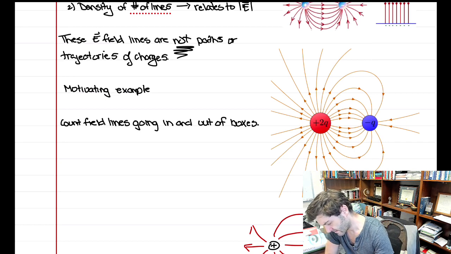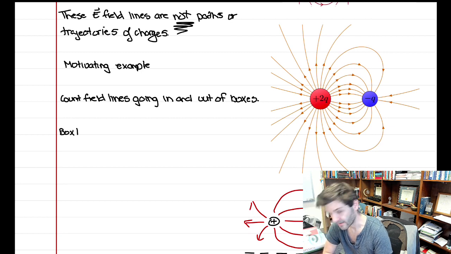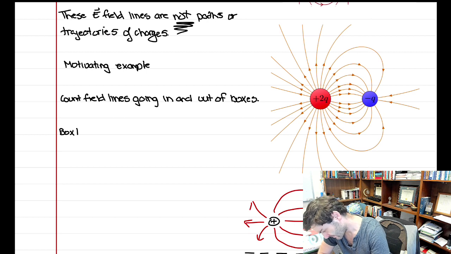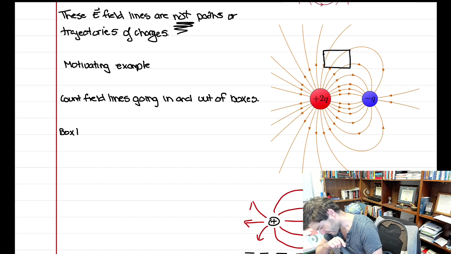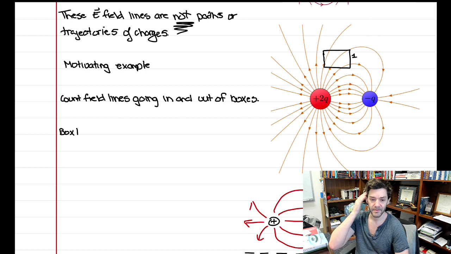So let's take box 1. In box 1 on this drawing, I'm going to draw just a box that looks like that. I'll put a 1 next to that. That's going to be box 1.